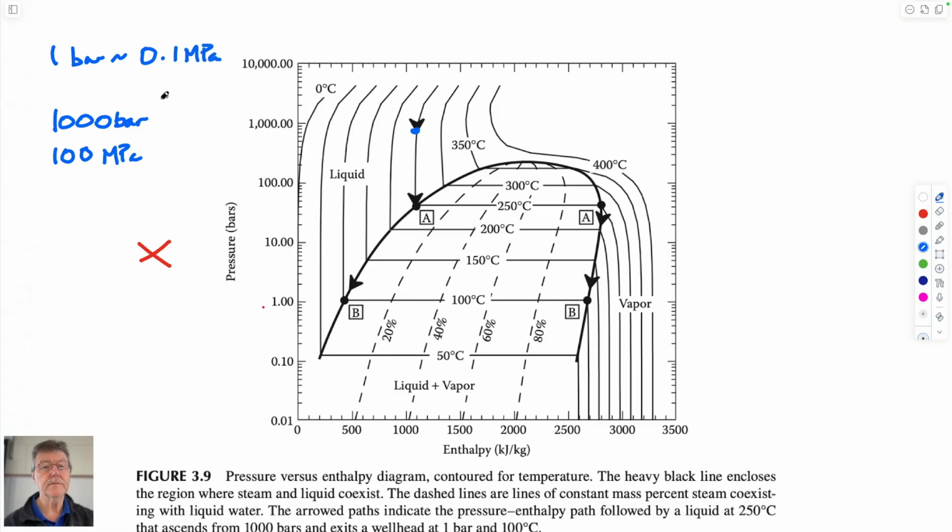You might remember, it's 100 kilopascals, in other words. So if you start off in a reservoir at 100 bars, so 100 bars would be 100 MPa, so this would be something like 3 kilometers, I guess.